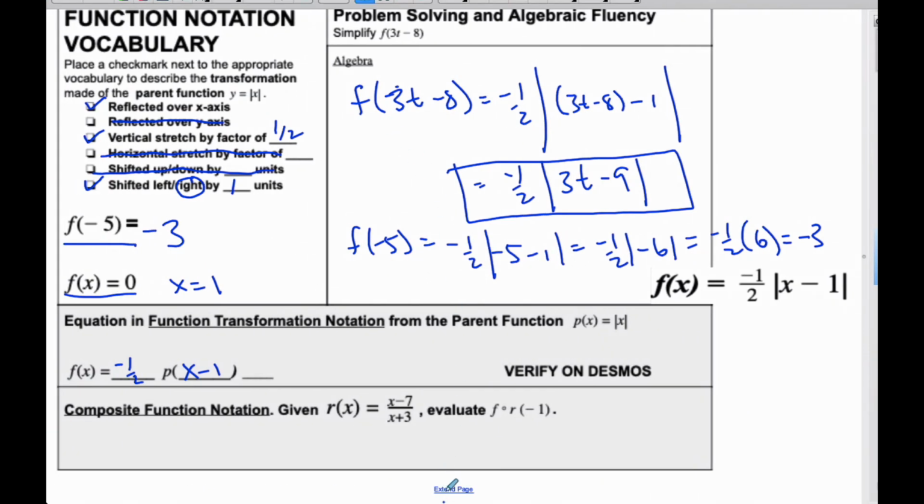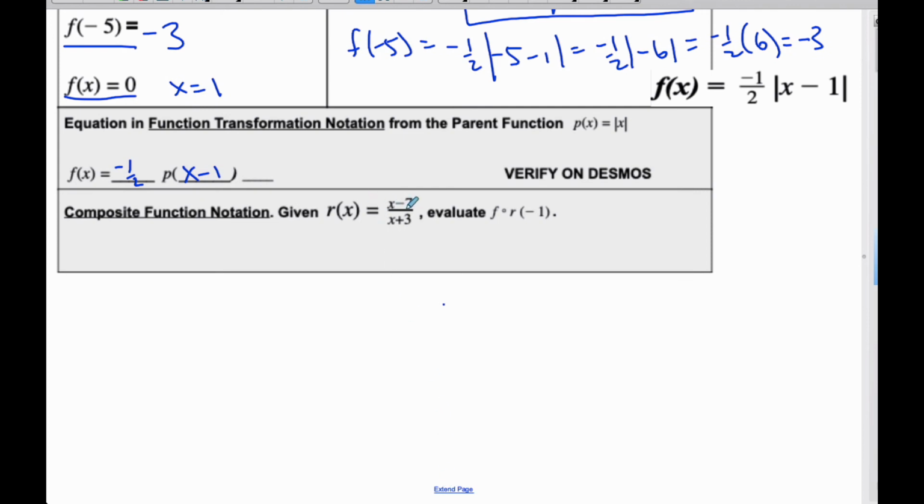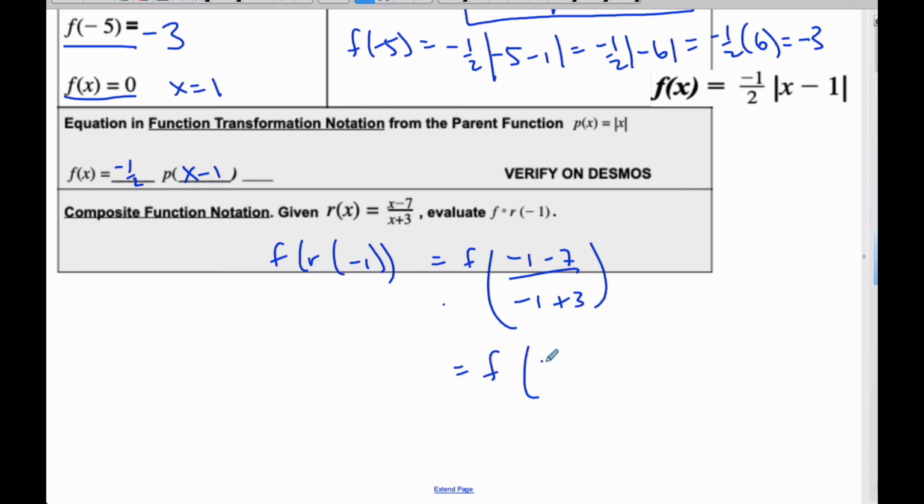And then finally, the last one to check, f of r of negative 1. I'm going to take this negative 1 and plug it in, so it's f at negative 1 minus 7 over negative 1 plus 3, which is negative 8 over 2, which is f at negative 4.